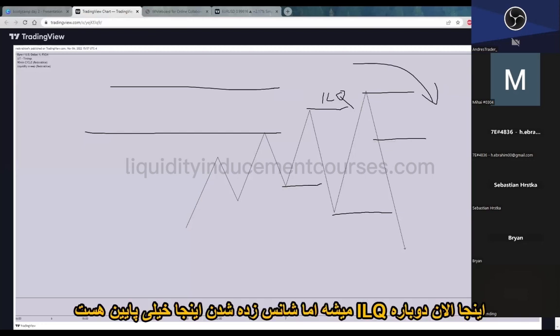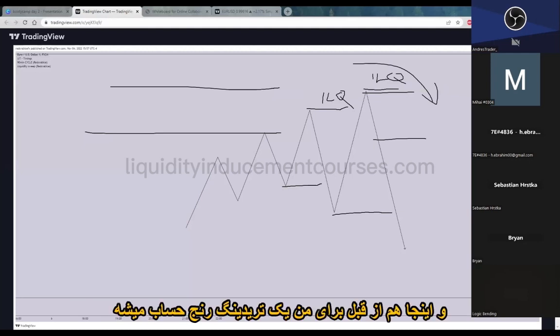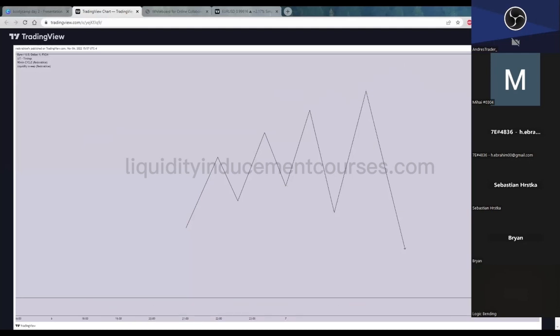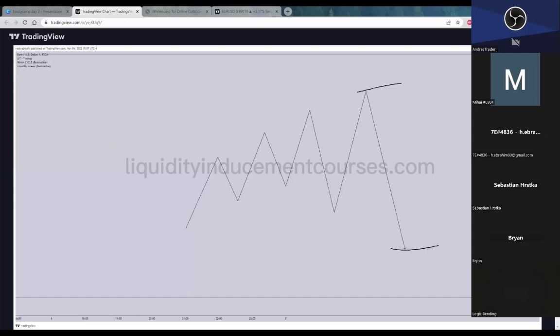This becomes now your ILQ, but the chance of this being taken out is very low. And this for me is already an established trading range, so trading inside of this is safe. About 90% of the time, it's going to hold.